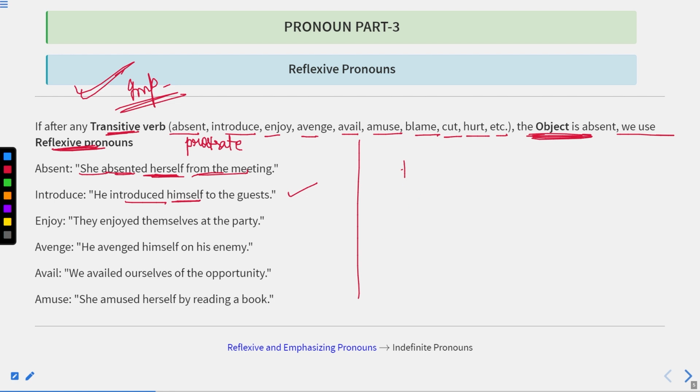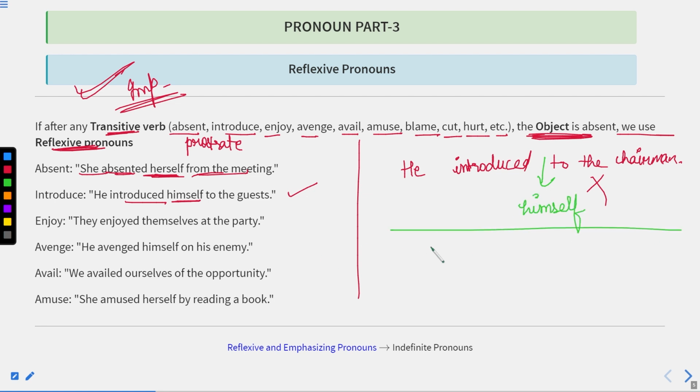Now, if I say he introduced to the chairman, is the sentence correct? Of course not. So this sentence is incorrect, and to rectify it, we add himself: he introduced himself to the chairman.